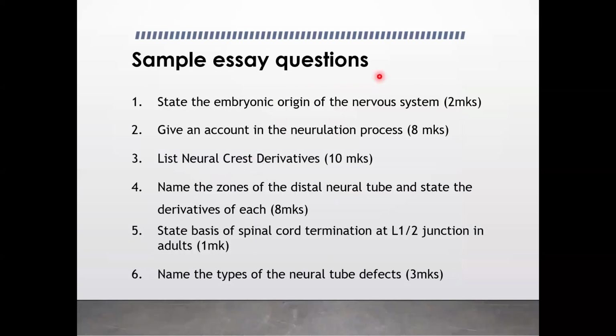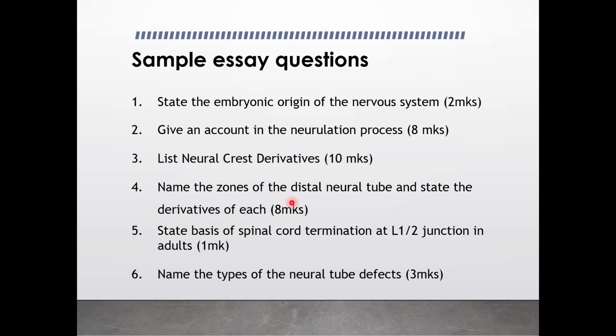These are sample essay questions that you can have. You can be told to state the embryonic origins of the nervous system. You can be told to give an account of the neurulation process, 8 marks. List neural crest derivatives. You can also be told to name the zones of the neural tube and state the derivatives of each. So this one is the diagram that I showed you.